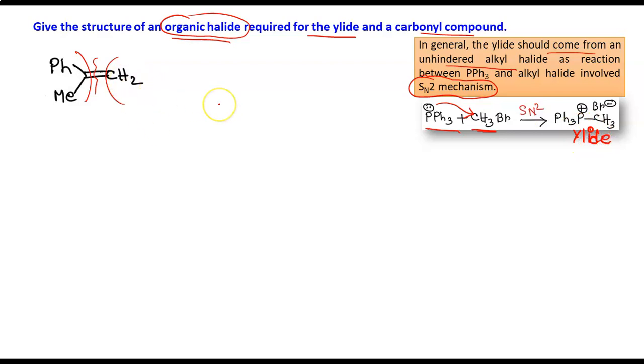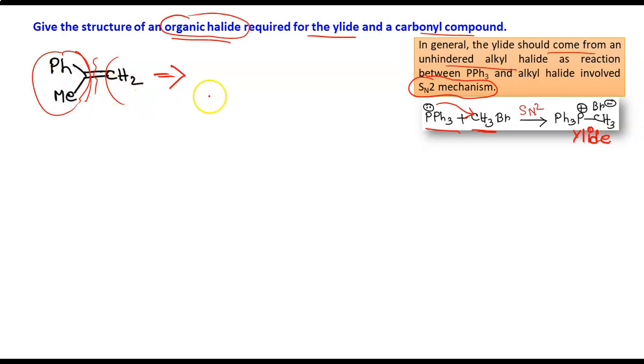So when we do the retrosynthesis, we have to see from which part we will be able to get the unhindered alkyl halide. Now when we are moving backward, if you write the ylide from the left hand side part, see, this part is more sterically hindered, so that will not be correct.